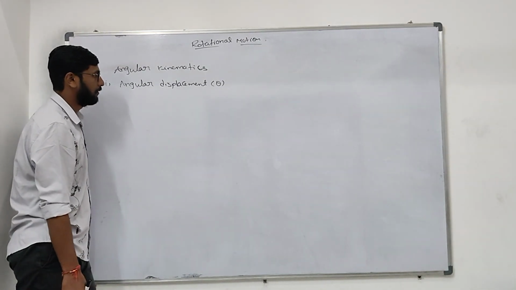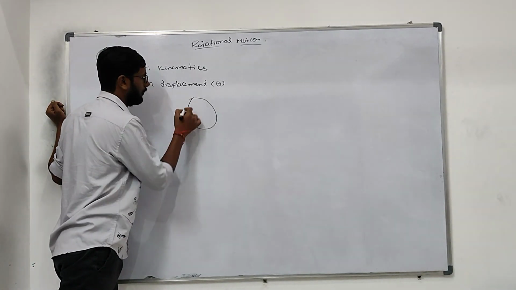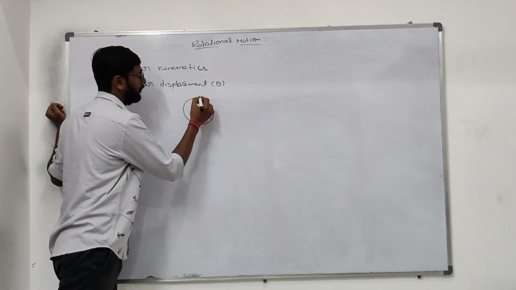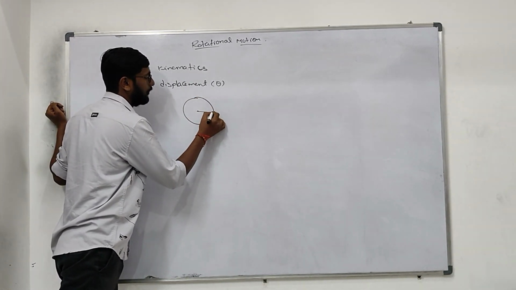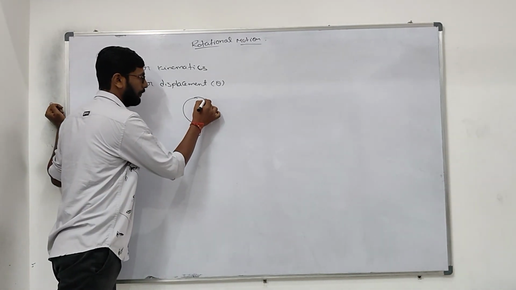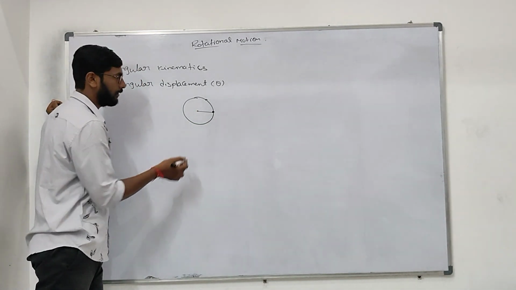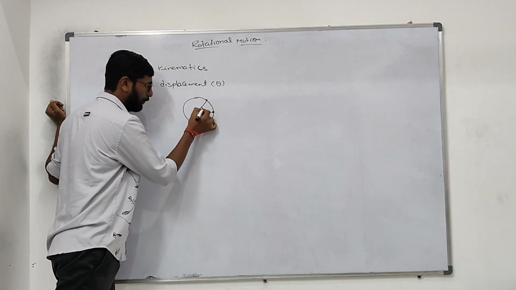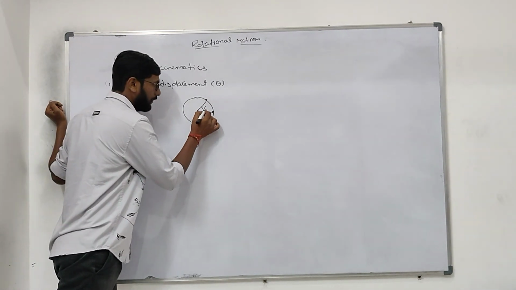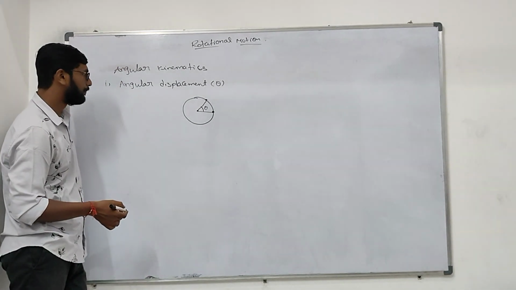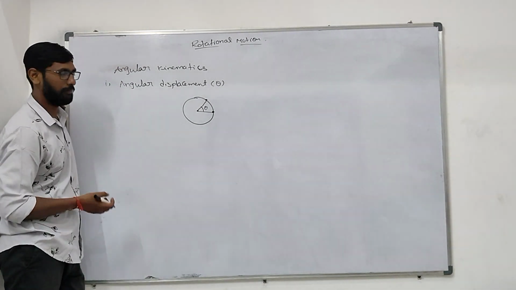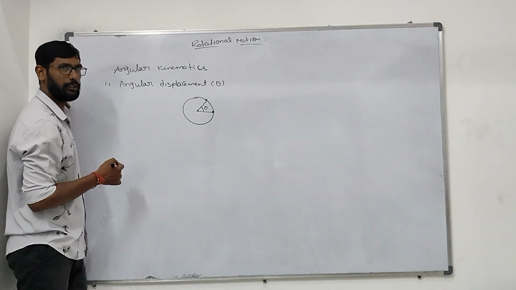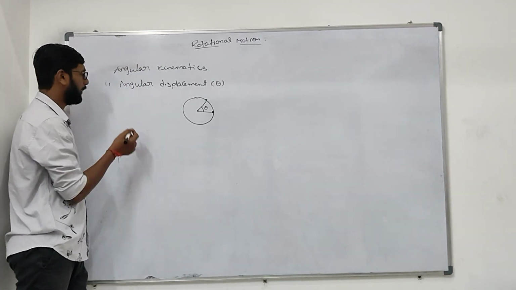So, for example, a body is moving in a circular path. Initially, the body is here. After some time, the body has reached this point. And from here to here, about this point, it makes some angle. This is what we call angular displacement. So that is the general angle only. The SI unit of angular displacement is radian.